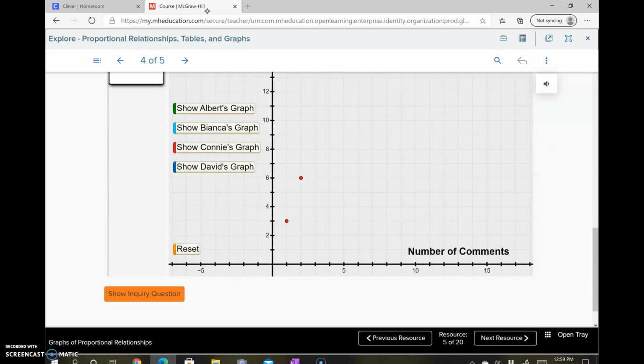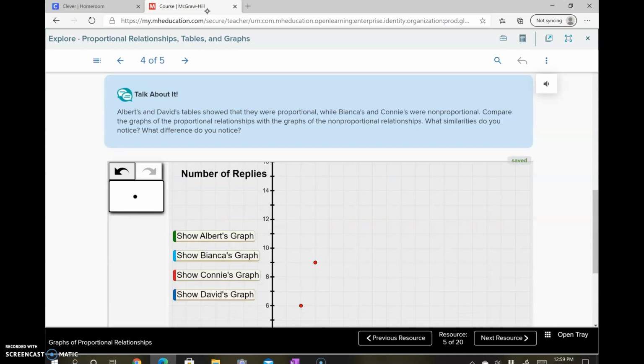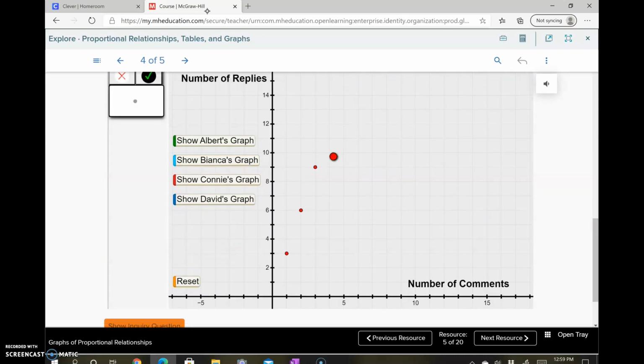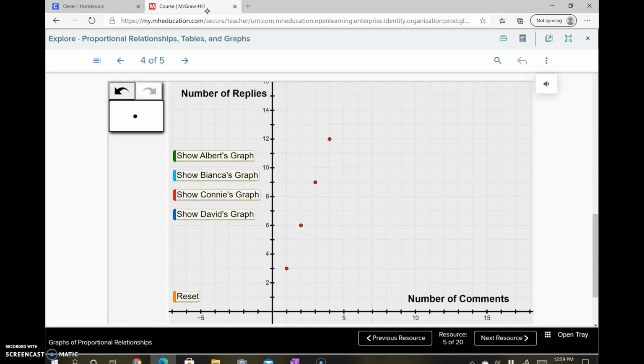So 1, 2, 3, and then up 1, 2, 3, 4, 5, 6, 7, 8, 9. I forgot to put my dot in. And then the last one is 4 comments and 12 replies. So press your point, go 1, 2, 3, 4, and then up 1, 2, 3, 4, 5, 6, 7, 8, 9, 10, 11, 12. So there are all of David's points.